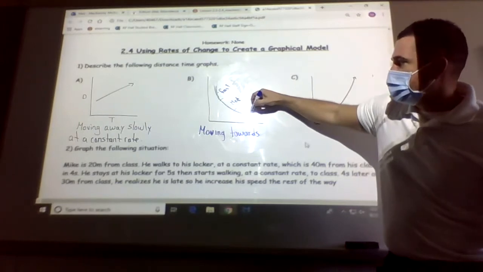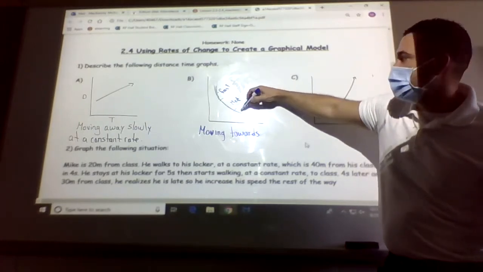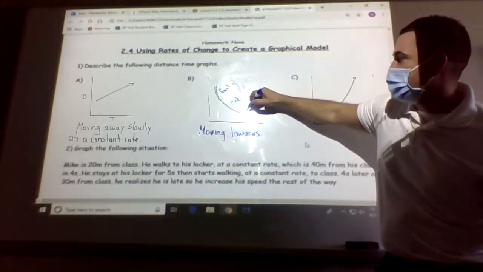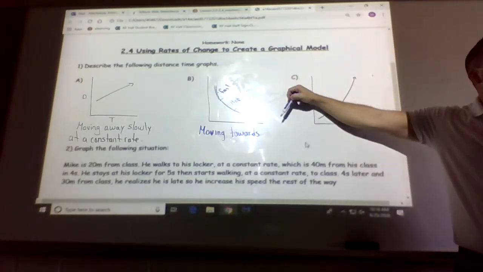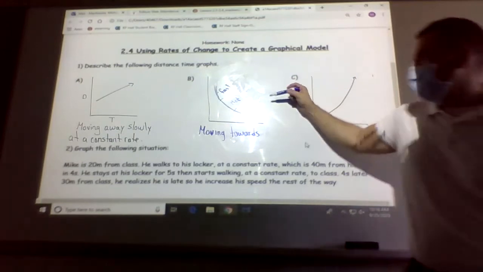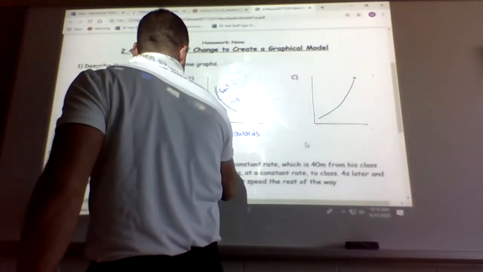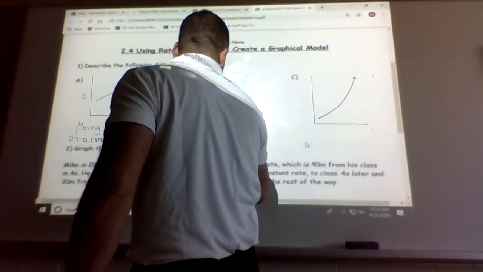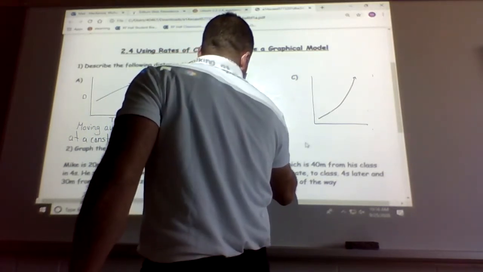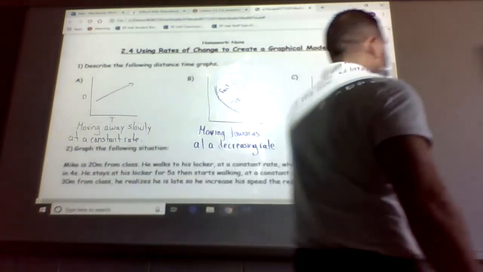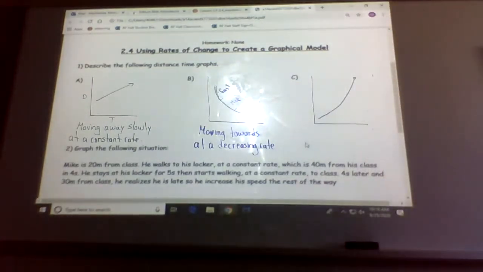And then this is almost going flat, so we're coming towards a stop. So this would be slow. If I'm going fast, medium, slow, I'm decreasing my speed. Okay, moving towards at a decreasing rate. You can say pace if you want, but just say decreasing rate.